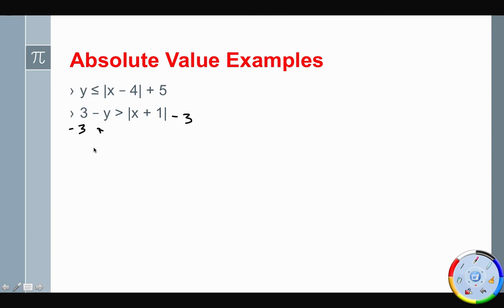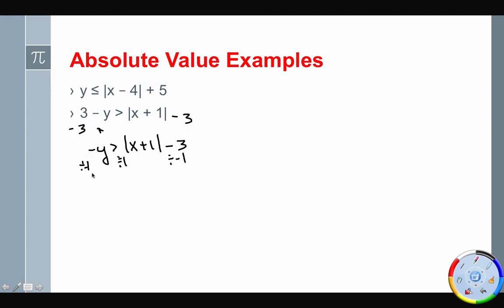When I get rid of that 3, I get negative y is greater than the absolute value of x plus 1 minus 3. And we have to get rid of the negative, so we have to divide everything by negative 1.